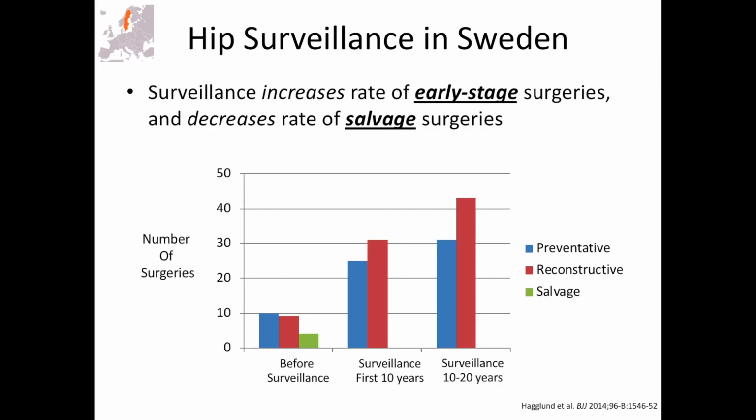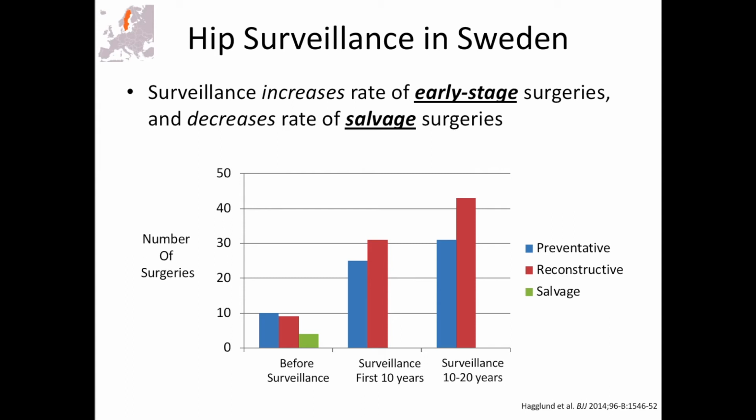In Sweden, the hip surveillance led to an increased rate of early-stage preventative and reconstructive surgeries and decreased the rate of less successful salvage surgeries in cases of hip dislocation. As you can see, before surveillance, the rate of overall surgery was relatively low for preventative and reconstructive surgeries, but there was a significant amount of salvage surgery performed.